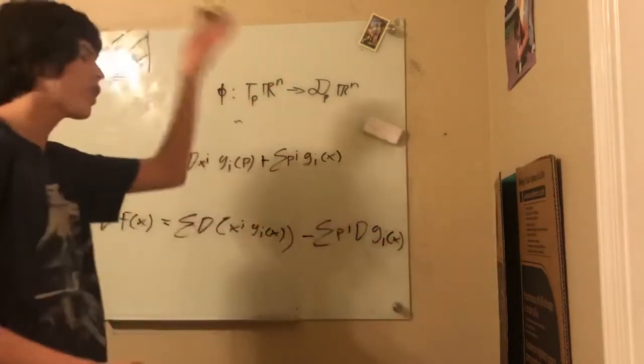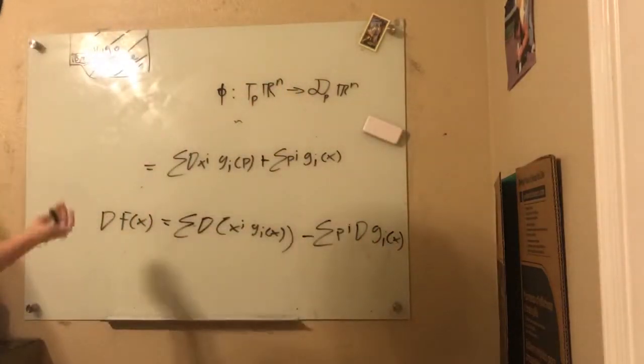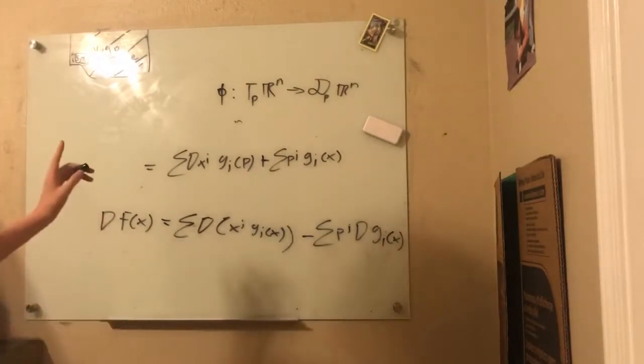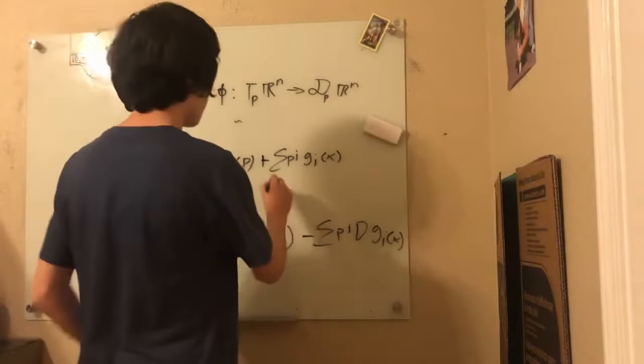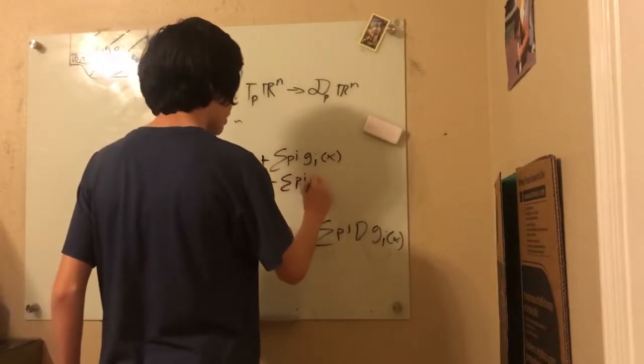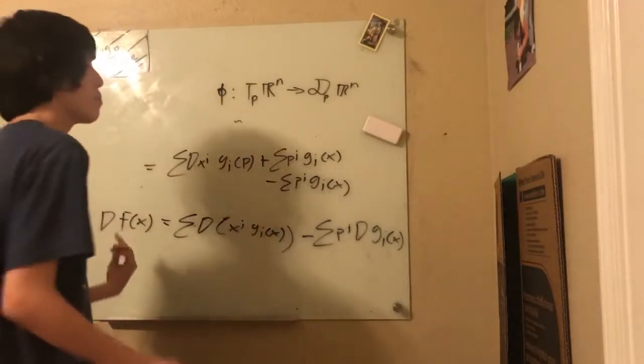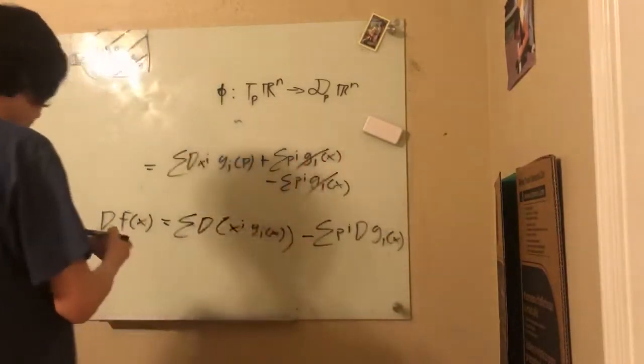So it's now going to be minus p_i g_i of x. There we go. I'm sorry. So we cancel this out.